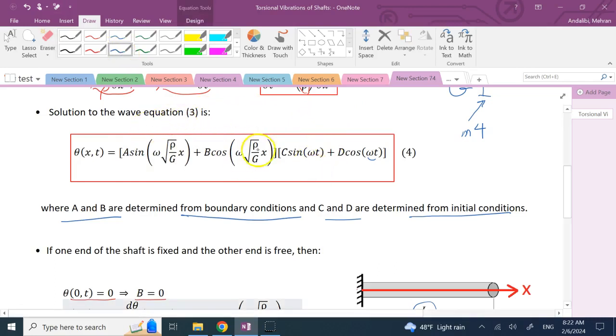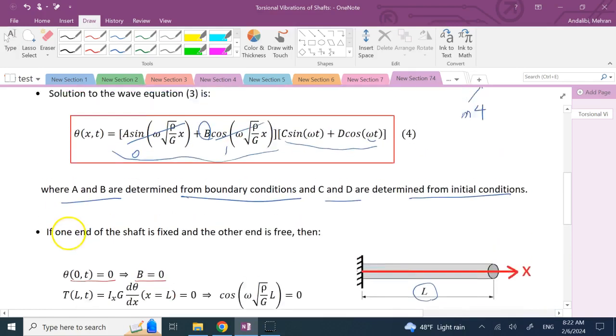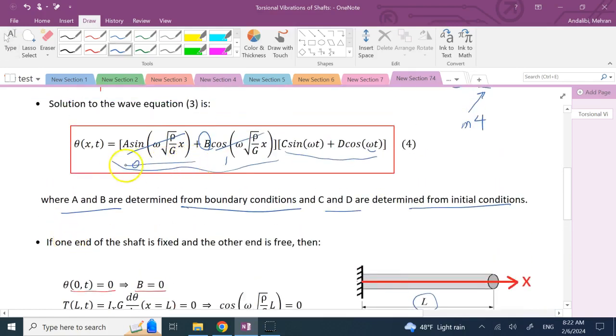X of 0 makes this whole term 1, this term goes to 0, and it's 0 for any t. So this part cannot be 0. Their first term should be 0. And the only solution for the first term, the left-hand side, to be 0 is that constant b has to be 0. Okay, so b is 0. Therefore, your only x solution is this: a sine of omega square root rho over G x.